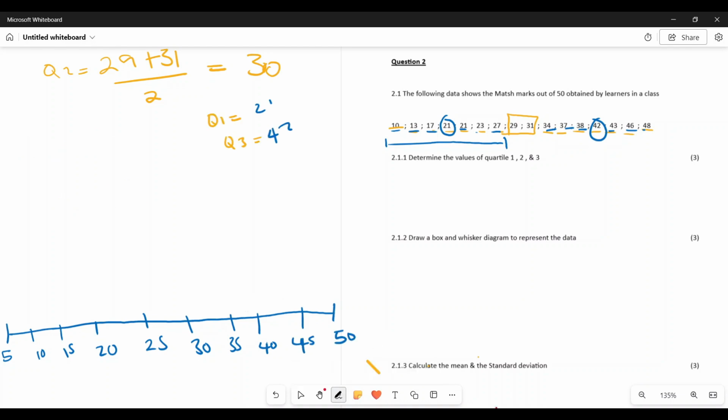Now remember, on our box and whisker, we need 5 values, which is our 5-number summary. So we need the minimum value, our first quartile, our interquartile range, our third quartile, as well as the maximum value. All right, so our minimum value is at 10, and my maximum value is 48, so it will be somewhere here.